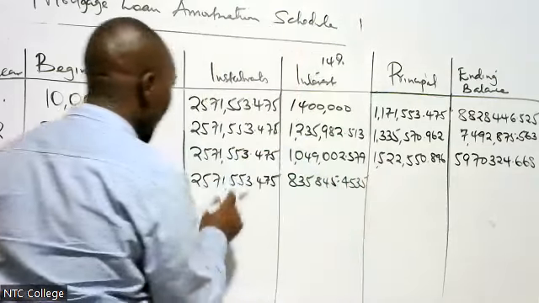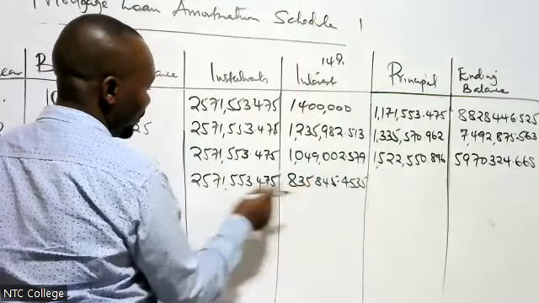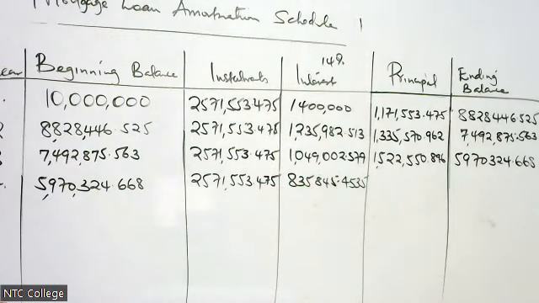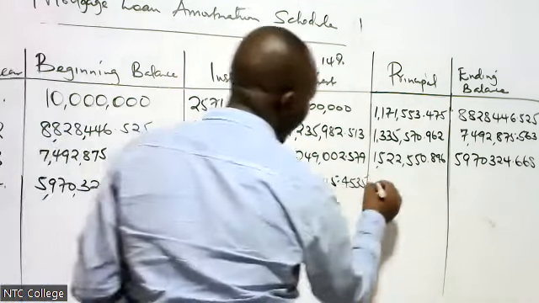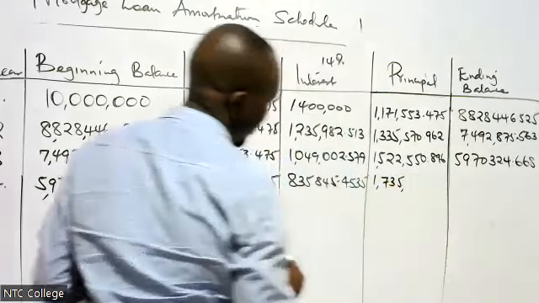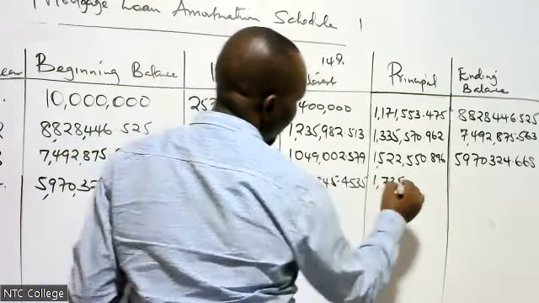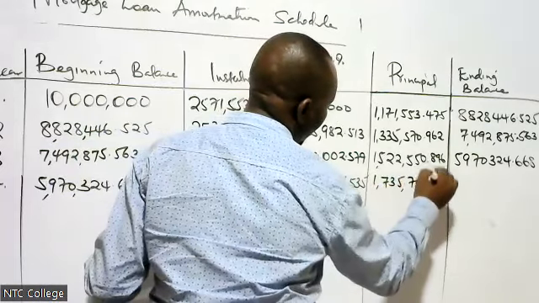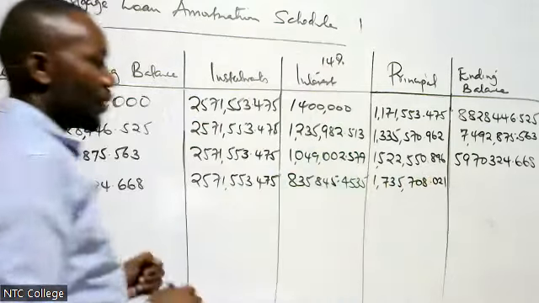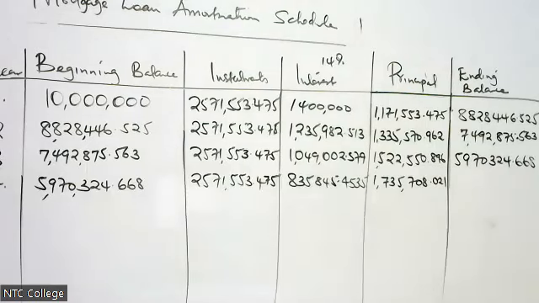Get me the interest. This one minus this. 1.7 something. 1.735. 1,735,708.021. 0 to 1. For sure, that is what it is.